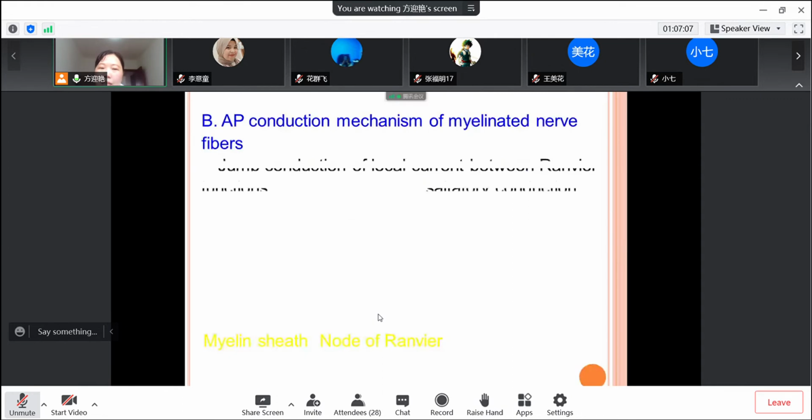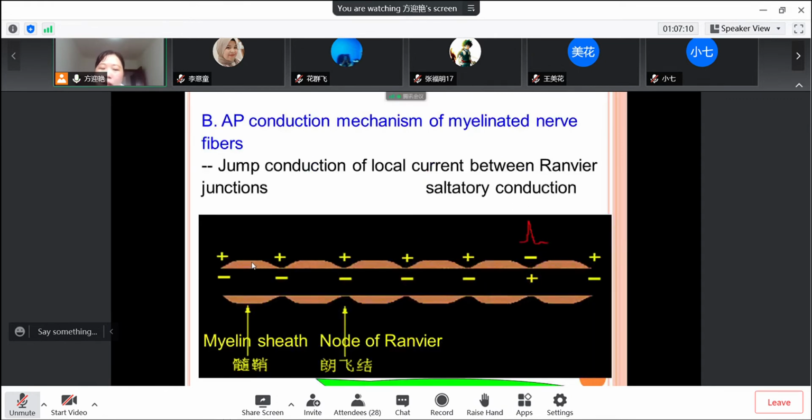And then for the myelinated fiber, we can see that the cell membrane is covered by the myelin sheath. The myelin sheath, we have noted, cannot conduct. There is also the intracellular fluid and the extracellular fluid. We can see here this is the intracellular fluid, and this is the node of Ranvier.